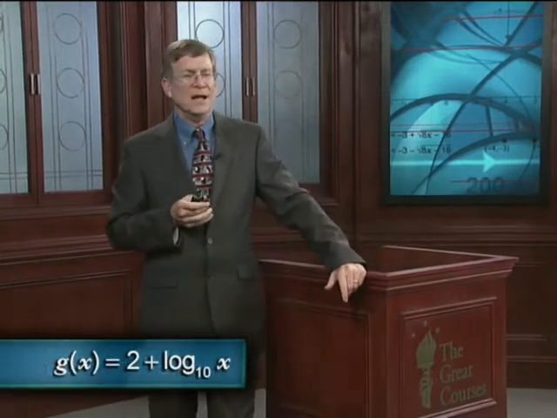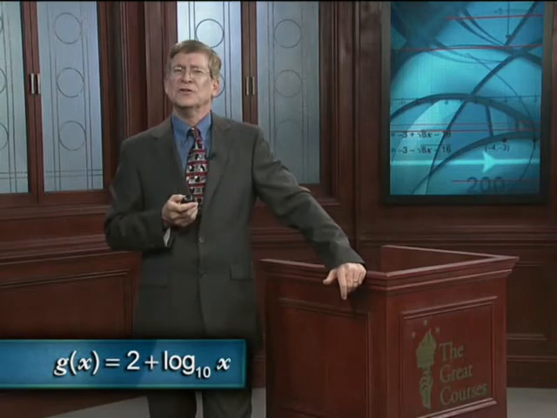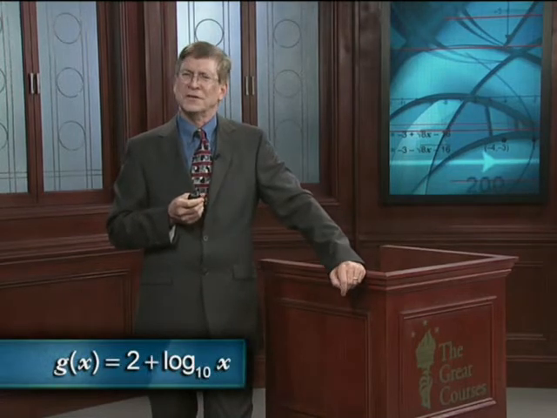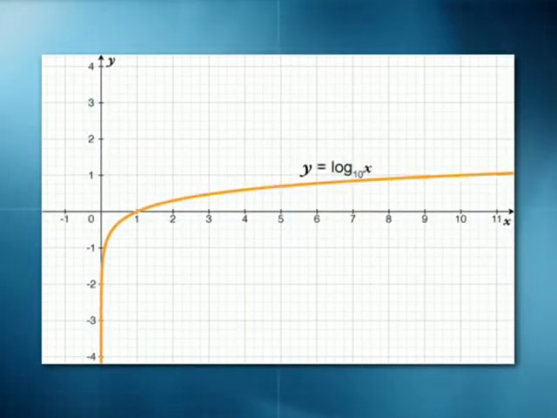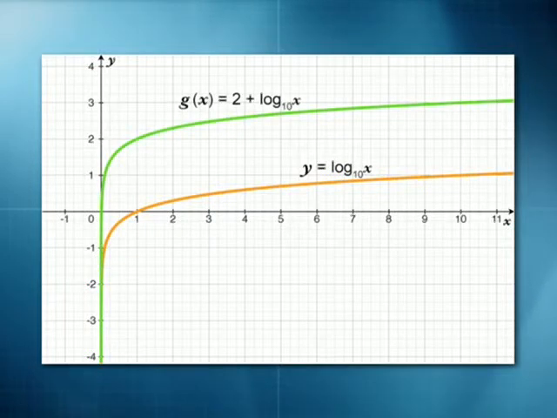Here's another quick example of graphing a more complicated logarithm. What does the graph of 2 plus log base 10 of x look like? What do you think that would look like? Well, again, I'm fairly comfortable with the picture of log base 10 of x. And what does the 2 do? Well, it pushes everybody up 2 units, doesn't it?